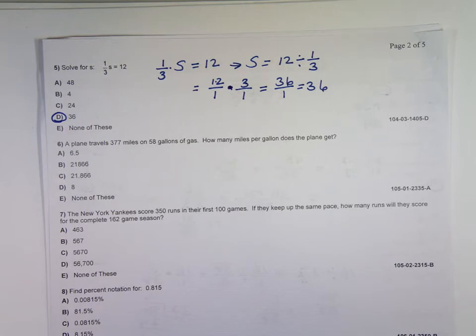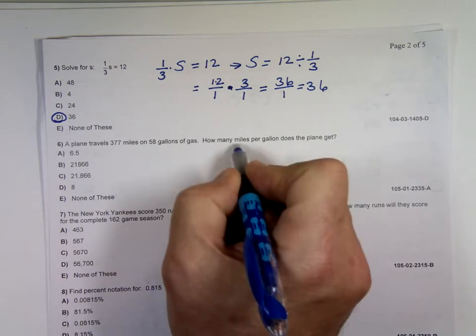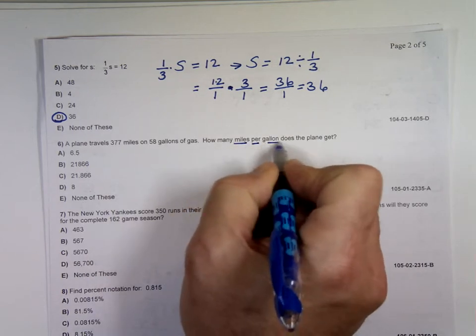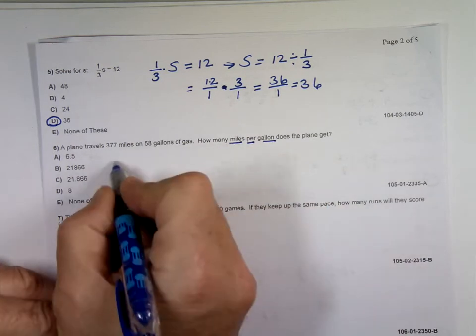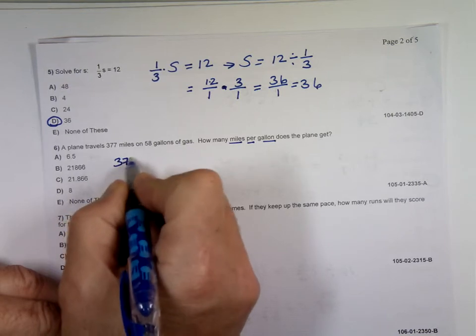Number 6. A plane travels 377 miles on 58 gallons of gas. How many miles per gallon does the plane get? Miles per gallon. Per means divide in math. Miles is written first, so 377, that's the miles.